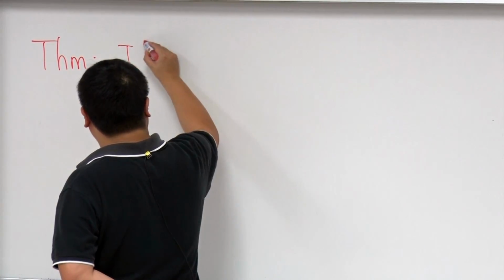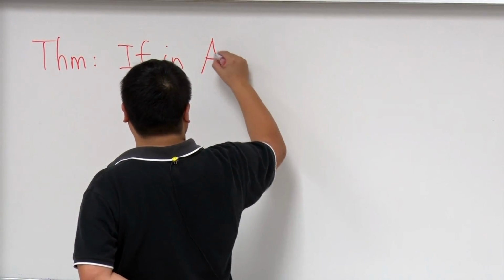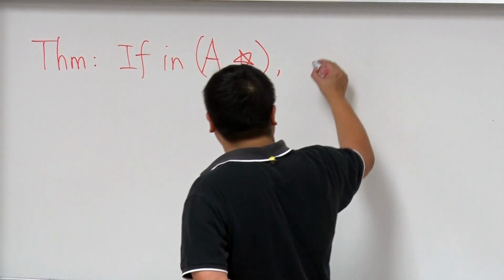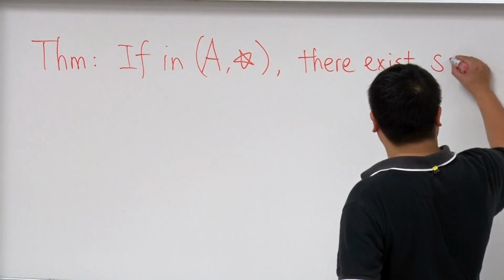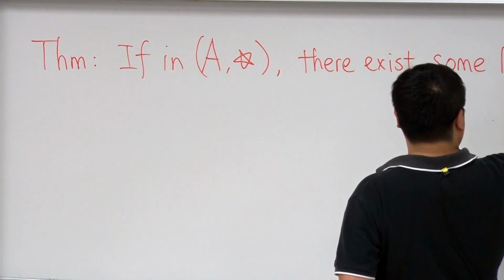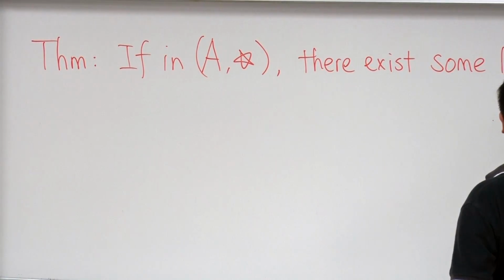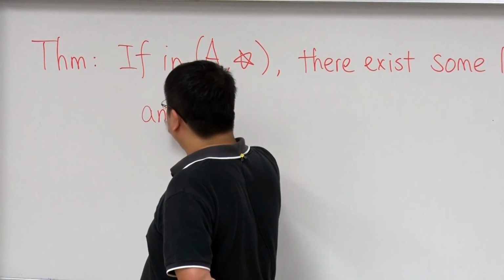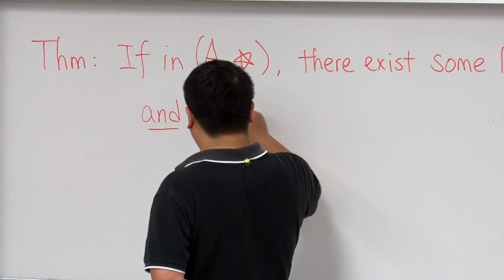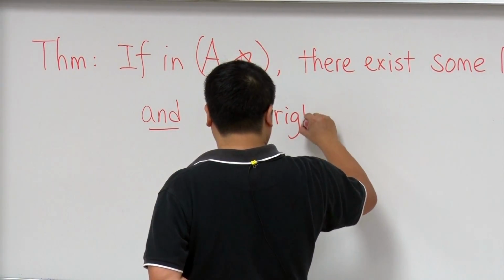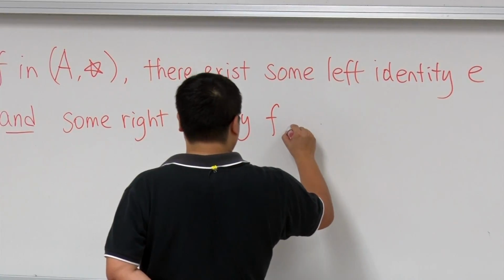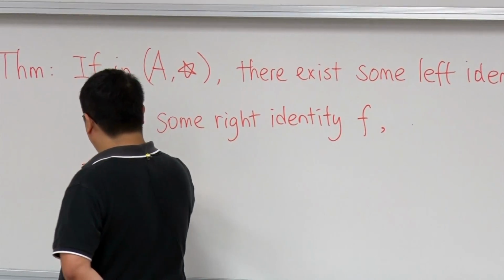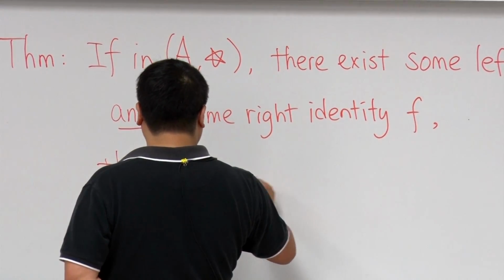So if in the algebraic system A star, there exists some left identity, let's say E, and some right identity F, then E has to be equal to F.